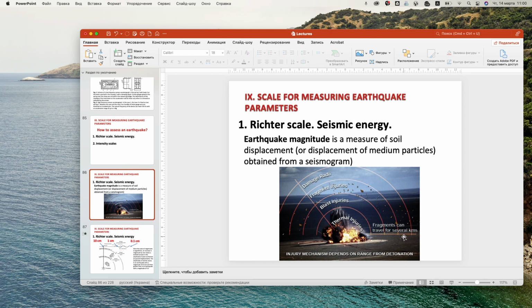But nevertheless, at the center of destruction or at 200 kilometers, the seismic energy is the same, which was emitted from the hypocenter. So earthquake magnitude is the measure of soil displacement, or displacement of medium particles, obtained from a seismogram.